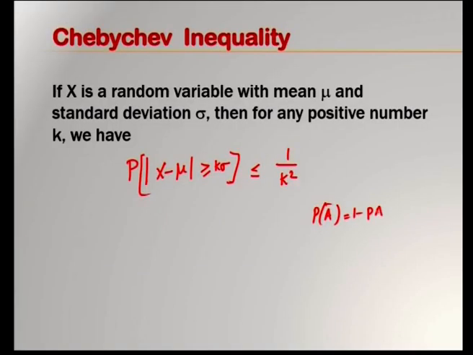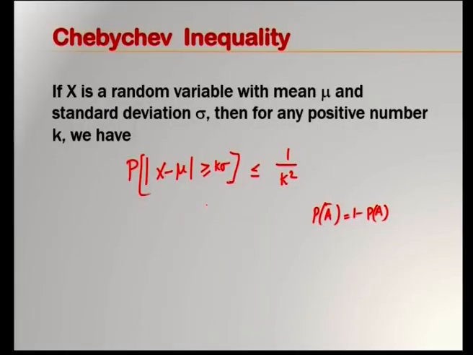Using the complementary event of a probability, that is, we know that P of A bar is equal to 1 minus P of A. So, using this complementary probability, greater than or equal to will have a lesser than, which is the complement to this event.